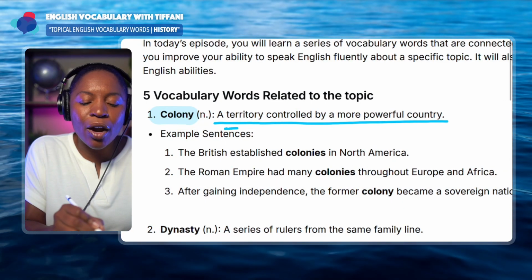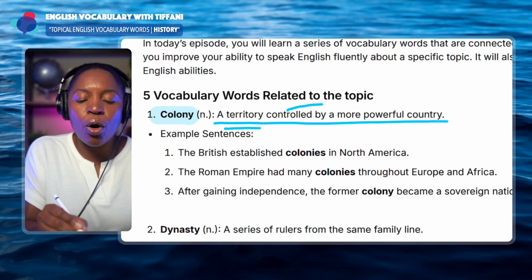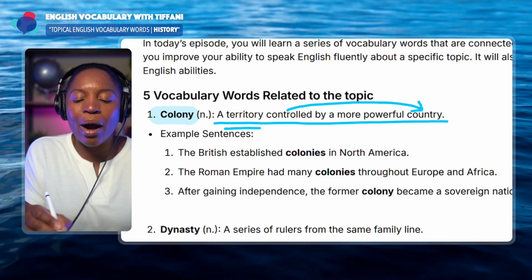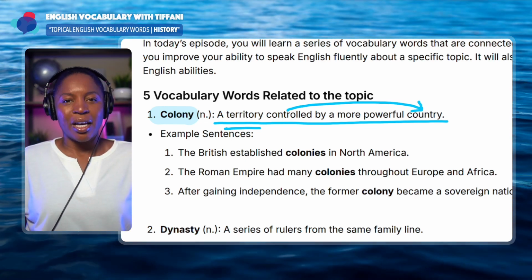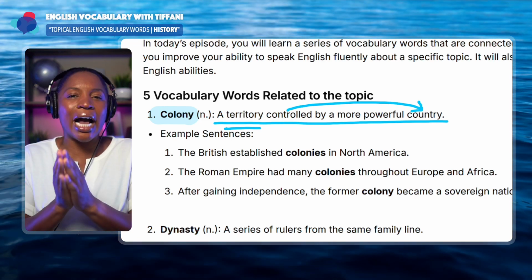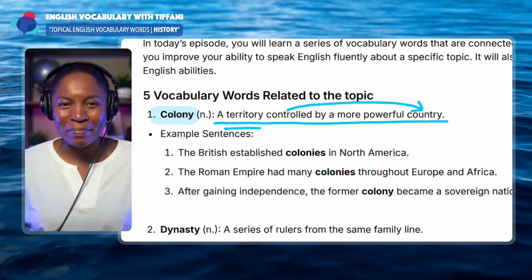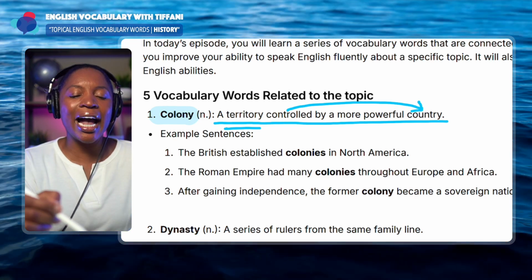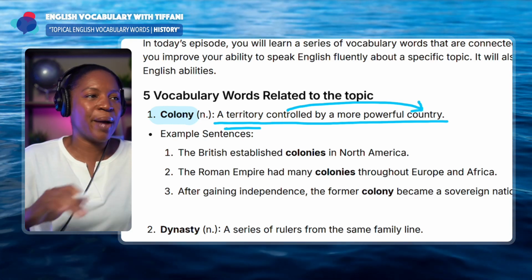Again, a colony is a territory controlled by a more powerful country. They were colonized. They were now a colony, even though they were an island. Makes sense, right?